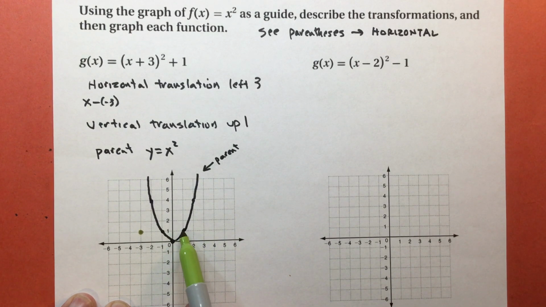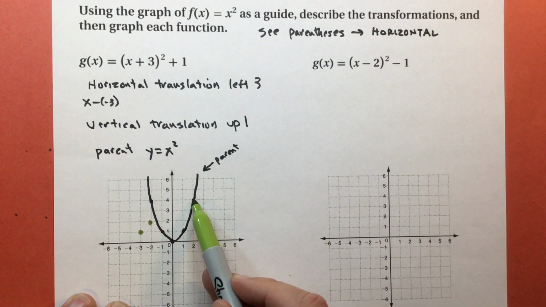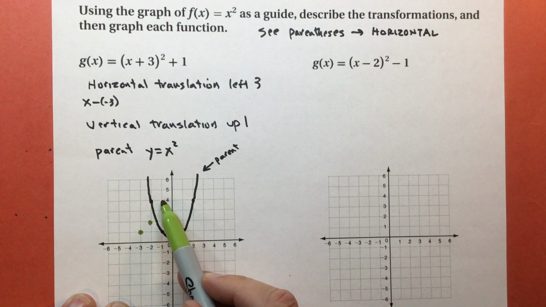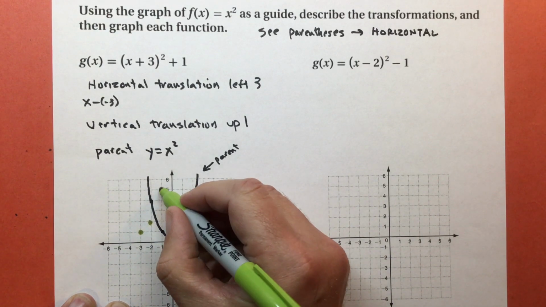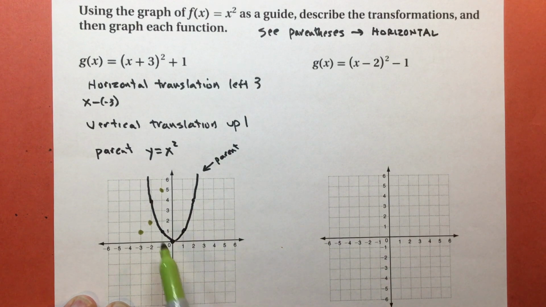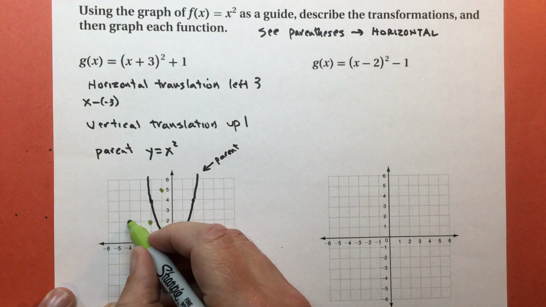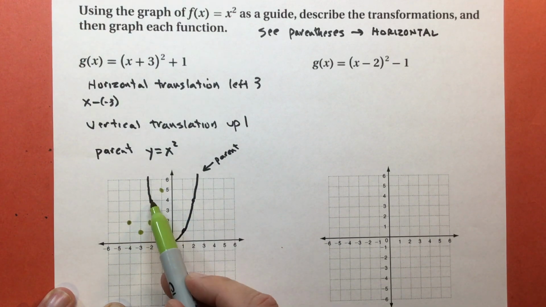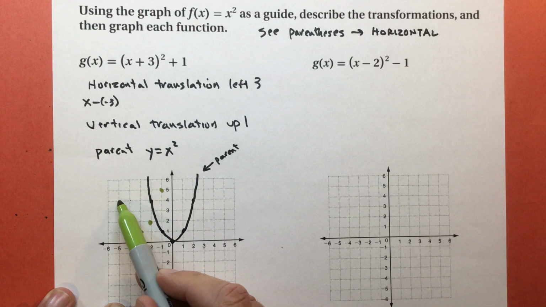This point, 1, 1, is going to go 1, 2, 3, up 1, right here. This point, 2, 4, is going to go 1, 2, 3 to the left and up 1. Right here, negative 1, 1 is going to go 1, 2, 3, up 1. And right here at negative 2, 4, it's going to go 1, 2, 3, up 1.